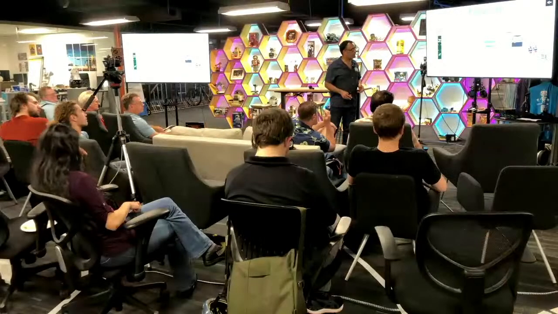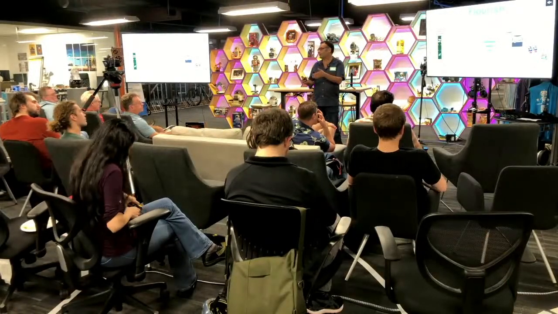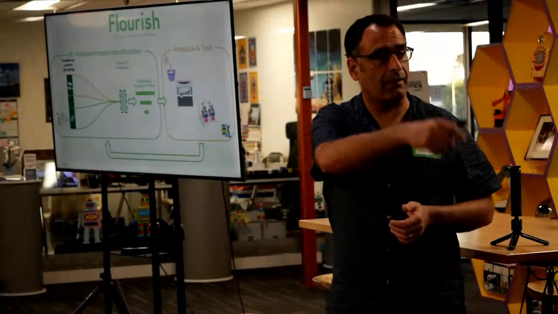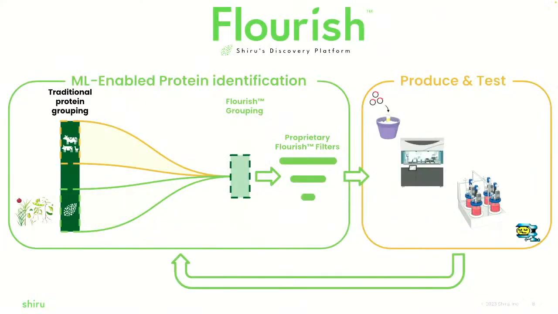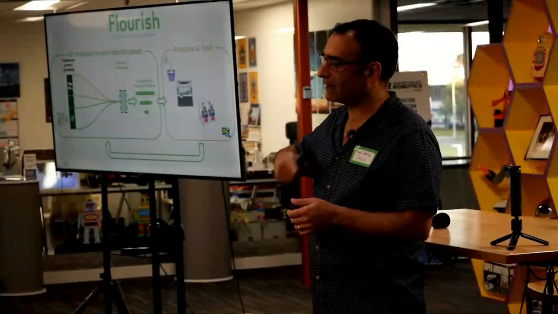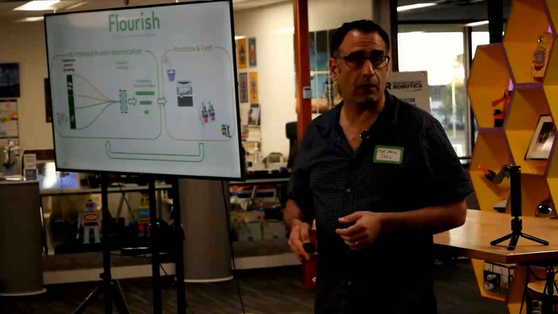And this small GIF represents testing it in food, to maintain some sort of the function that we are after. And obviously there is this big green arrow that goes back, because this system learns and iterates and improves itself with time.